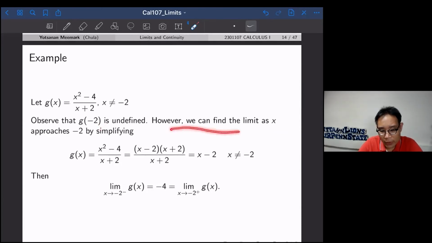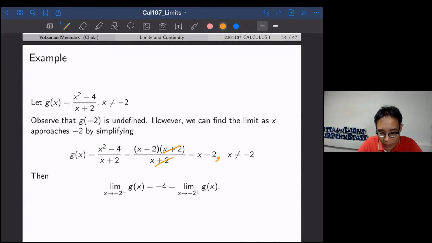However, we can find the limit as x approaches negative 2 by first simplifying the function. x squared minus 4 factors into (x minus 2)(x plus 2), and this cancels with the bottom because x is not equal to negative 2. So g(x) equals x minus 2.